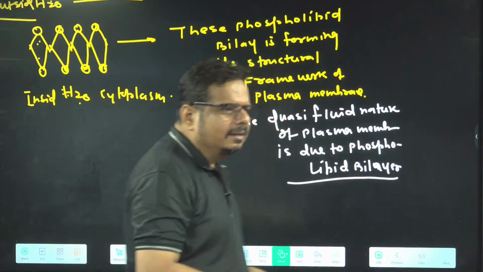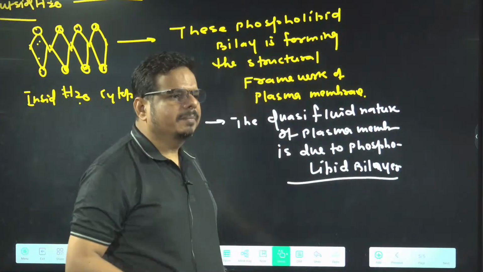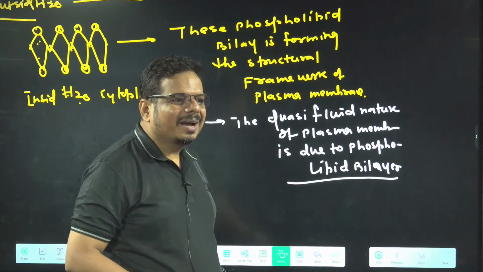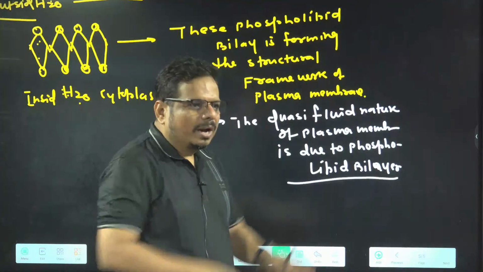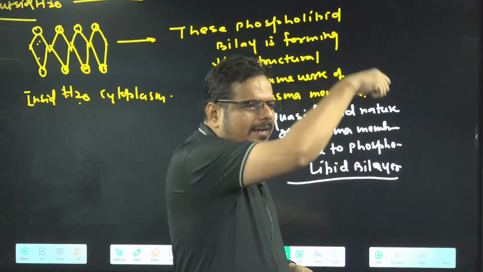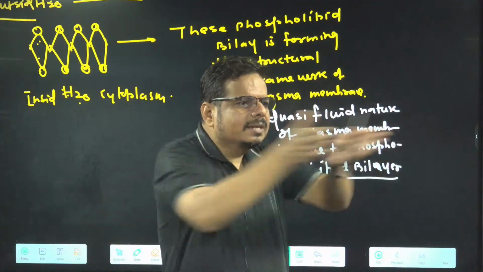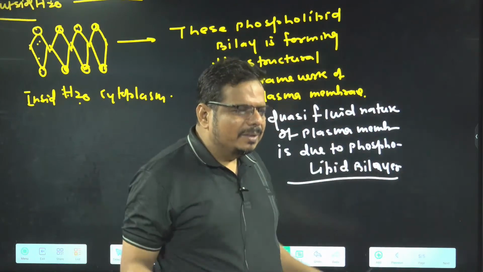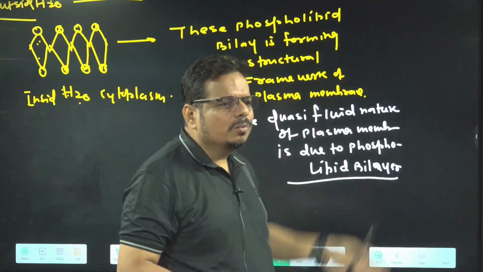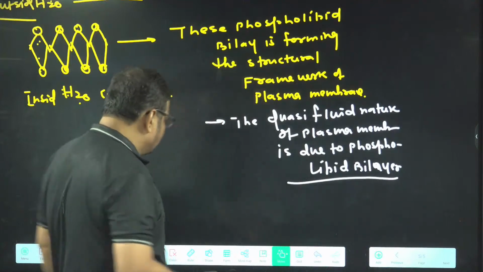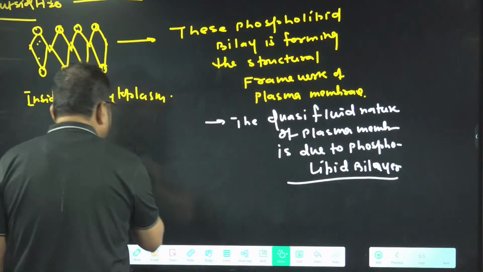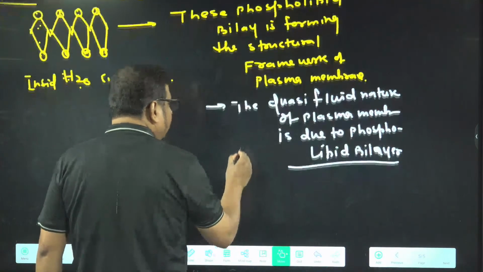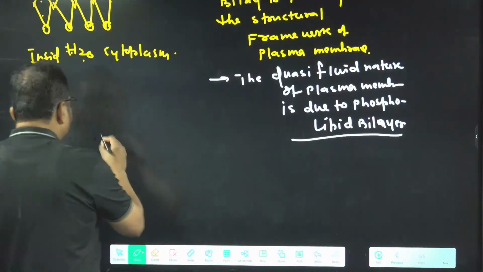That is the reason you cannot cut the plasma membrane. If you take a knife and cut the water, what happens? Once again it will join. So elasticity, able to understand? These are all due to the quasi-fluid nature of the plasma membrane.